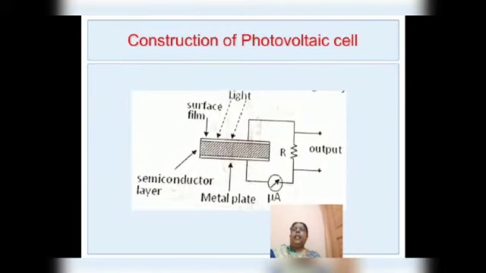Again, in the construction of the photovoltaic cell, as we show in the figure, the lower part is a metal plate on which a semiconductor layer is produced. On the semiconductor layer, a surface film is present on which light waves fall. In the circuit, a microammeter is connected to measure current, as well as R is a resistor through which we take output.